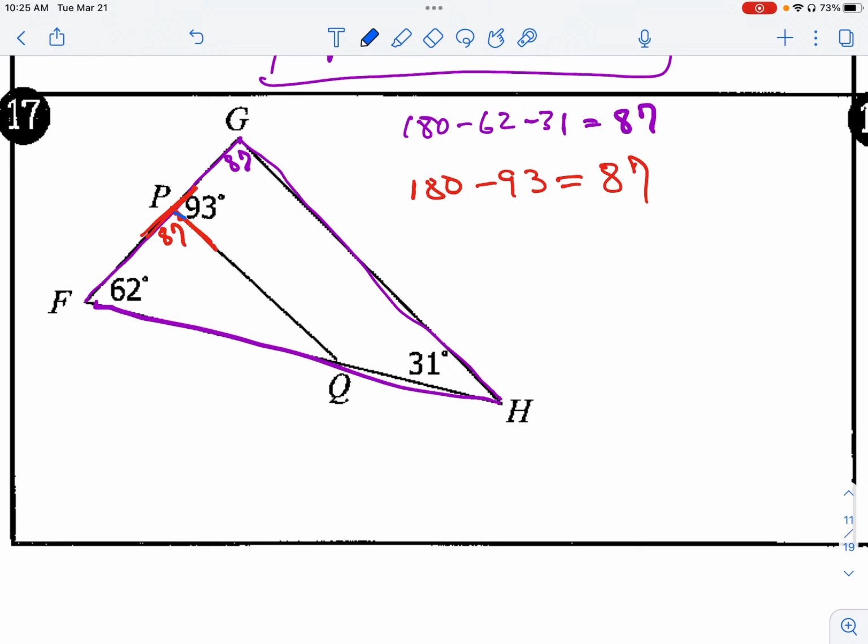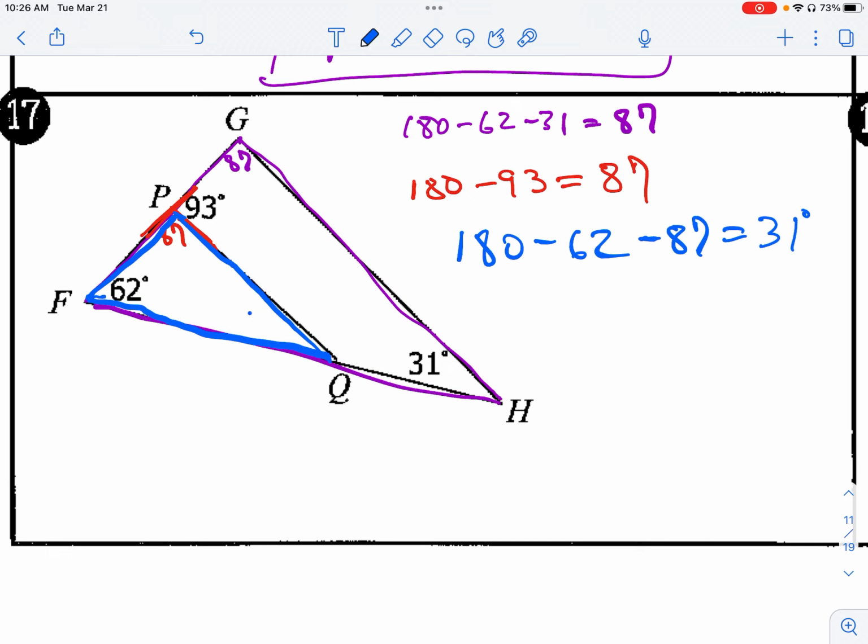So here we have our other triangle. So we got 180 minus 62 minus 87, and that's going to equal 31 degrees. So 31.